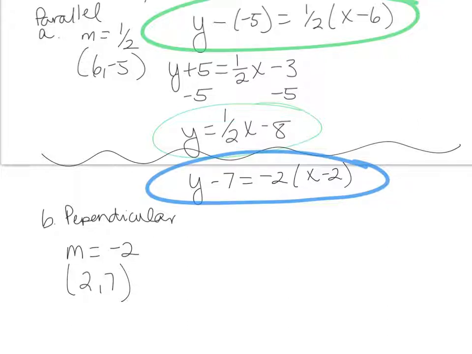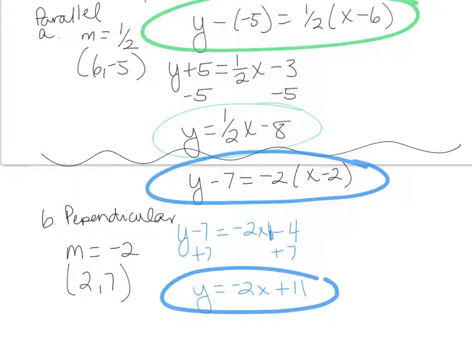I'm going to go ahead and take that and simplify it to put it in slope-intercept form. So y minus 7 equals -2x plus 4. Add 7 to both sides, so my final slope-intercept equation is -2x plus 11. So again, this is the equation of the line perpendicular to that given line with the information I have.